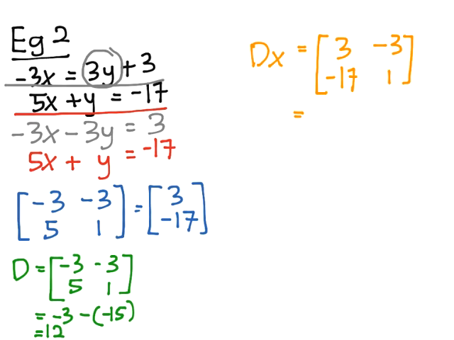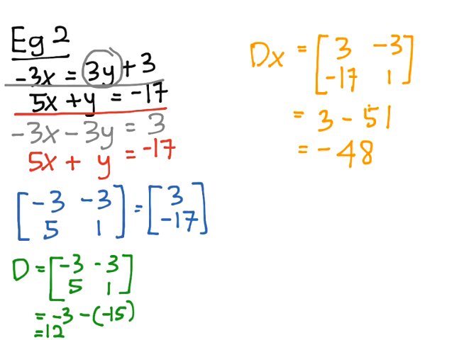The same thing, to come up with the value of Dx, use the rule of AD minus BC. So AD means 3 multiply 1, so we have 3, minus B multiply C, which is negative 3 multiply with negative 17, so we have positive 51. So 3 minus 51, we will have negative 48.